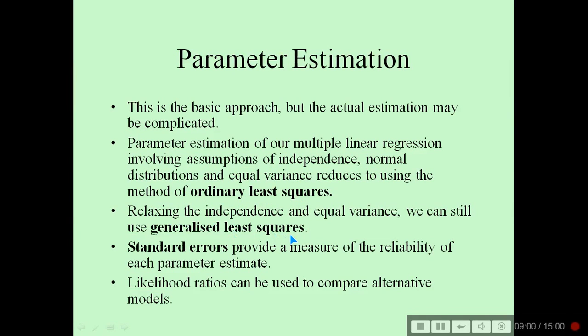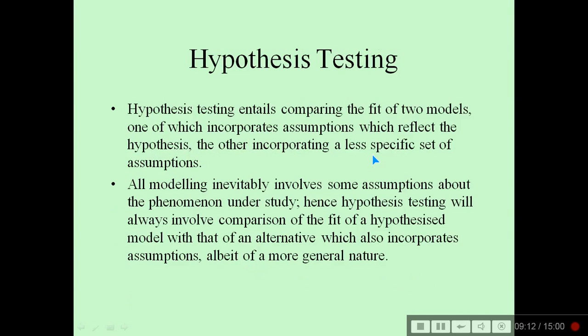Relaxing the independence and equal variance, we can still use generalized least squares. Standard errors provide a measure of the reliability of each parameter estimate, and likelihood ratios can be used to compare alternative models. Then coming to hypothesis testing, it entails comparing the fit of two models, one of which incorporates assumptions which reflect the hypothesis and the other incorporating a less specific set of assumptions.